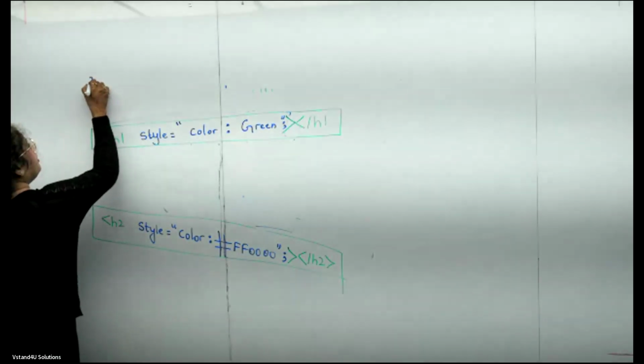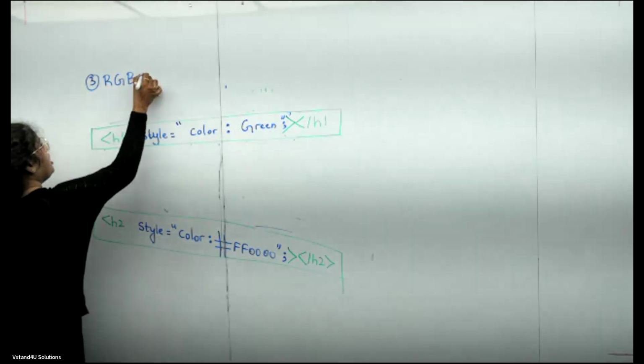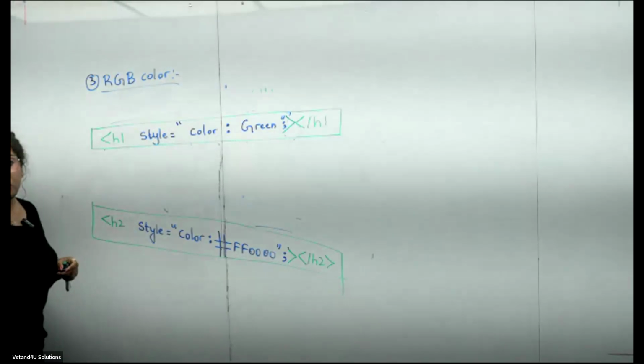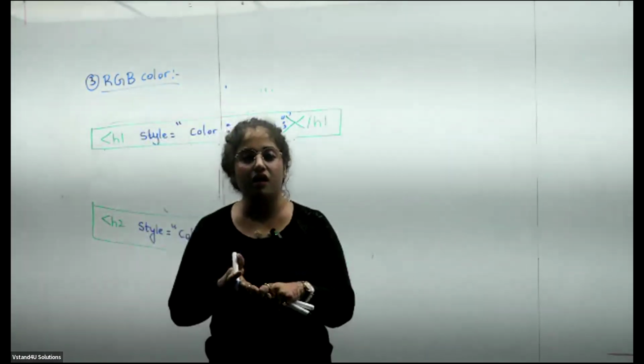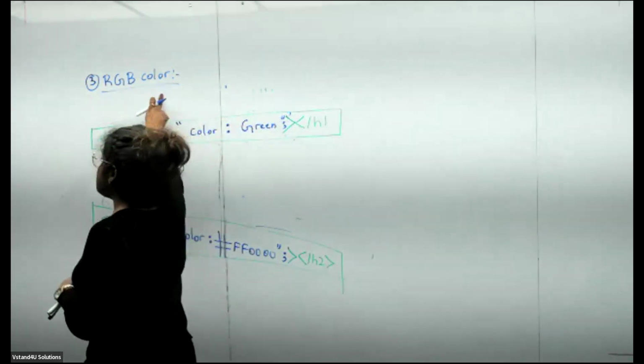What were the two types of colors you saw now? Normally to display a color, then to display the color in hexadecimal value. Clear? Now, which is the next type of color?